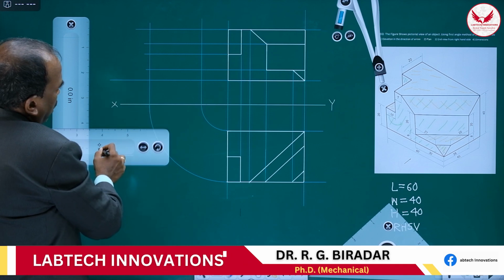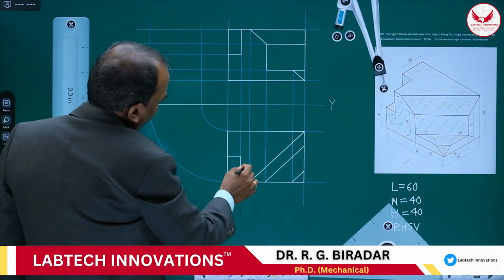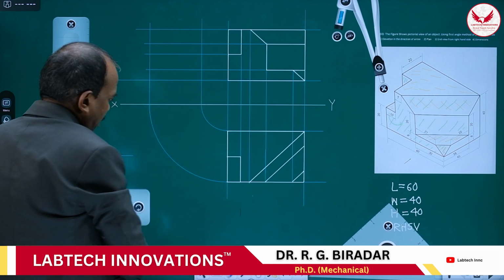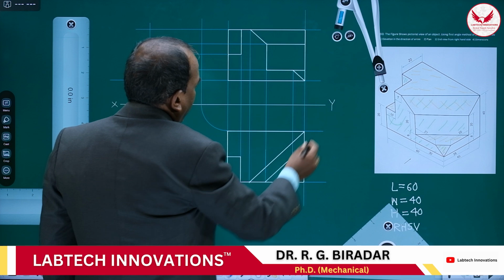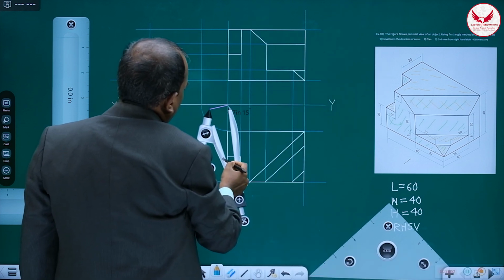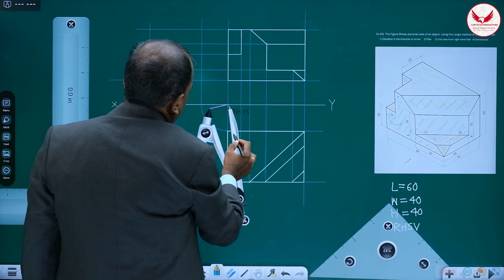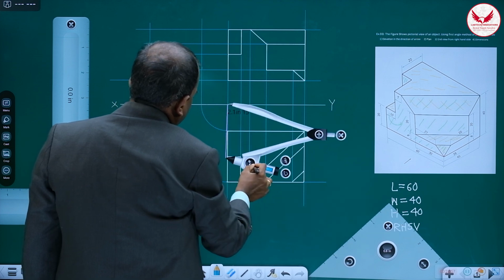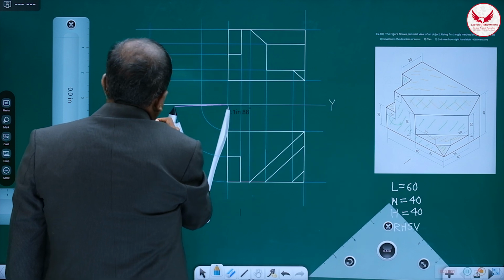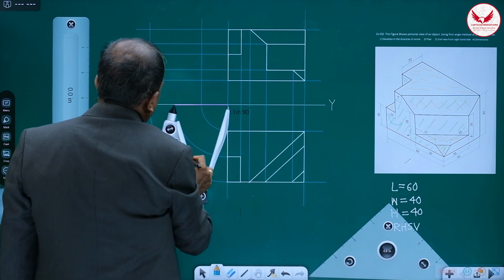Then from the top view, the major dimensions, at least this one line, how you can take it: keep the compass at this place, and from this point, take this.